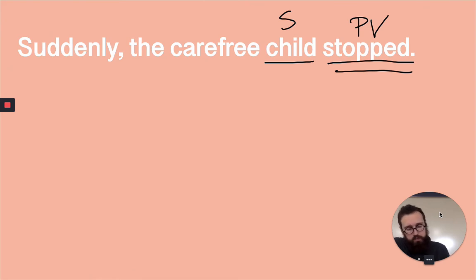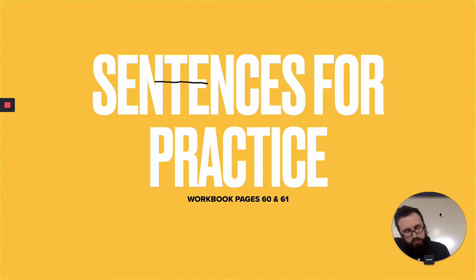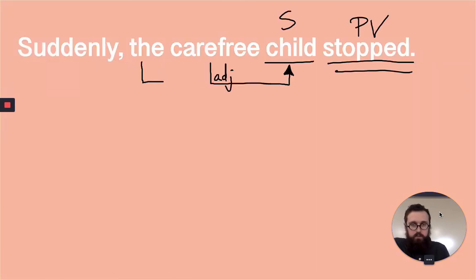And then I go through and find my modifiers. It's telling me what kind of child it is. What kind of child? It's a carefree child. So that is an adjective because it's describing a noun. Which child is it? It's the child. Awesome.